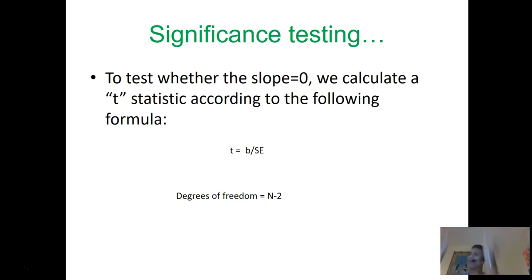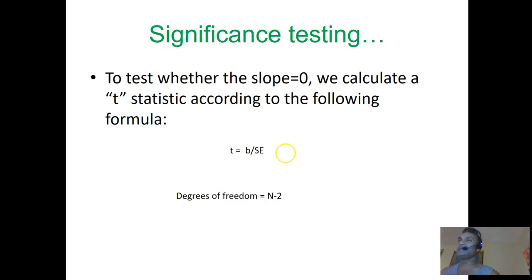Why would I want to do that? Because it's one thing to create a straight line equation, which is fantastic for making predictions, but we also want to know whether or not it's a good straight line. And one way to do so is to compute this t here and use the degrees of freedom and look up at the back of the book to do what? To test a null hypothesis.